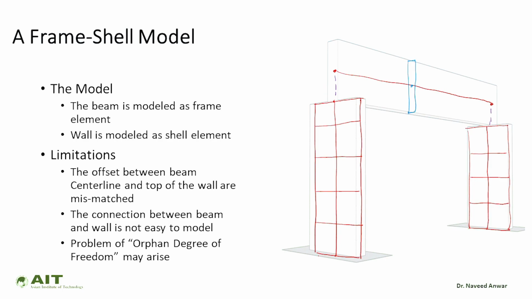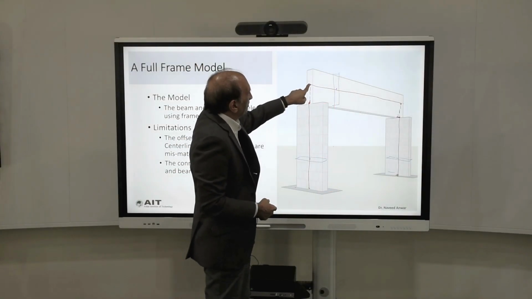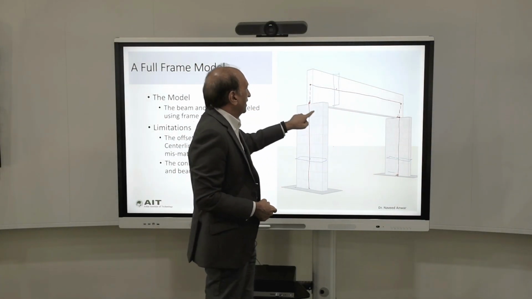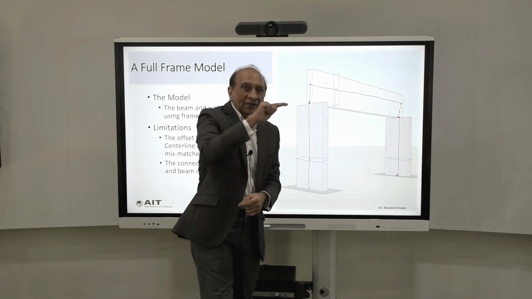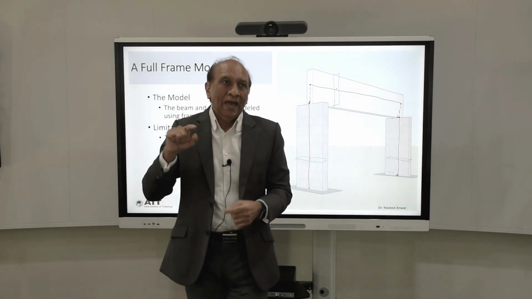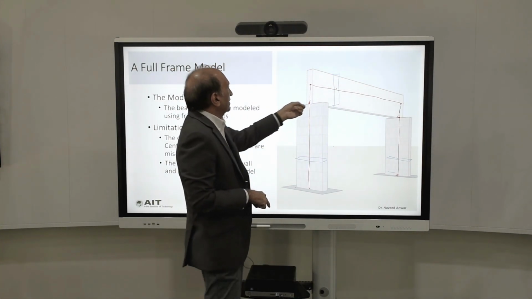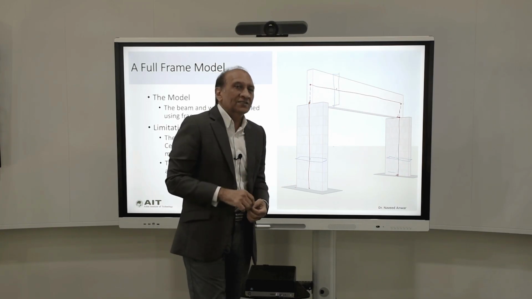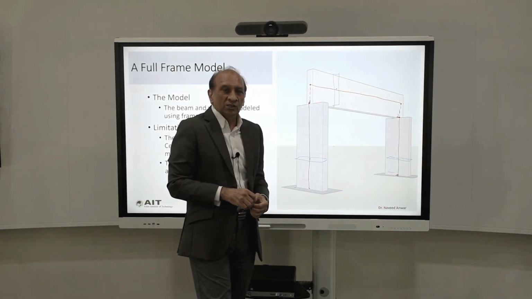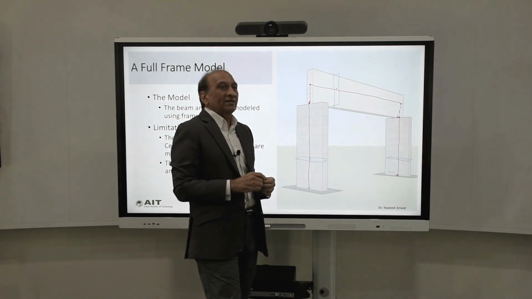But the first problem again is that the beam will be modeled at the center line, and walls will be ending here, so there's going to be a big gap between the center line of the beam and the supports where the beam is actually resting. And so we have this offset between the center line and the supports, which now will create a problem.